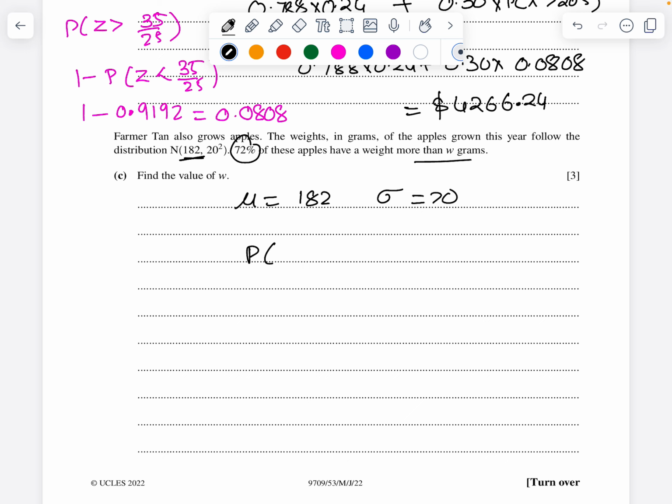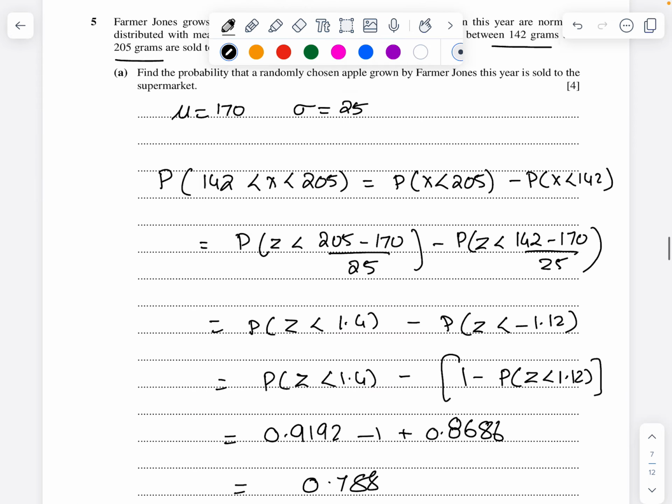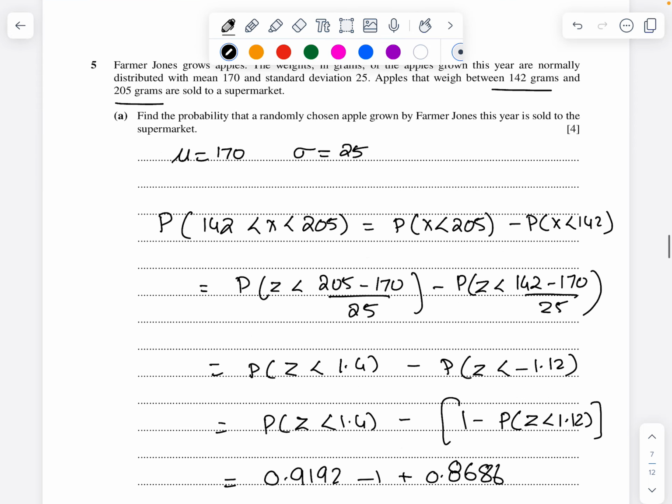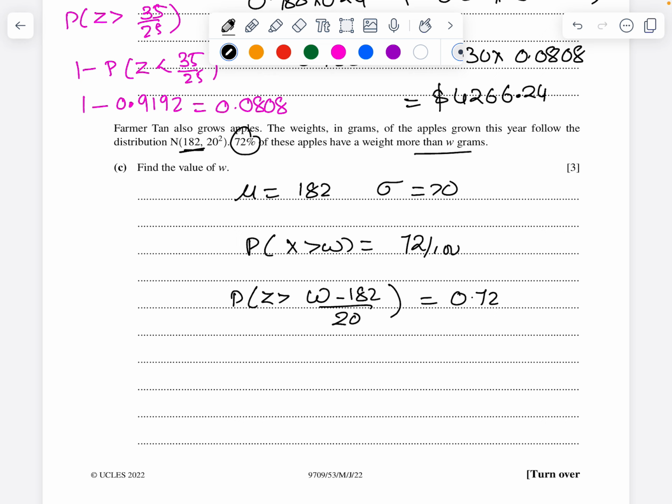So it is weighing more than W grams. So X greater than W equals 72%. So probability of Z greater than (W minus 182) divided by 20 equals 0.72.